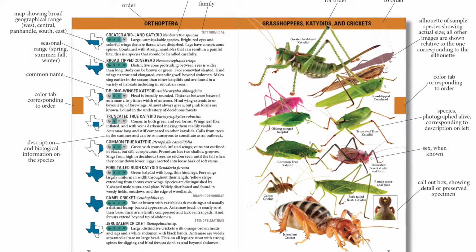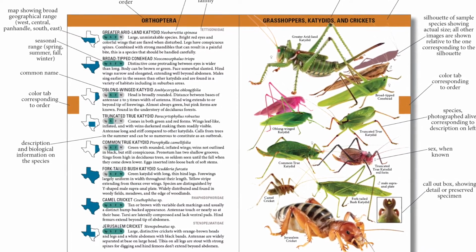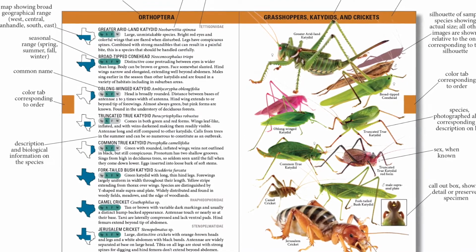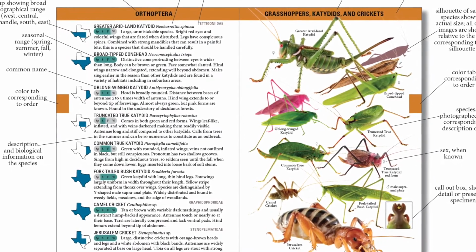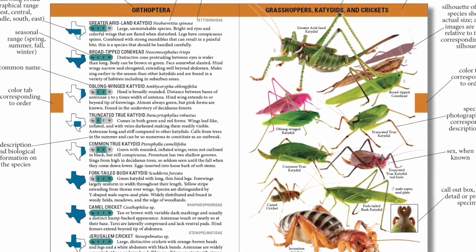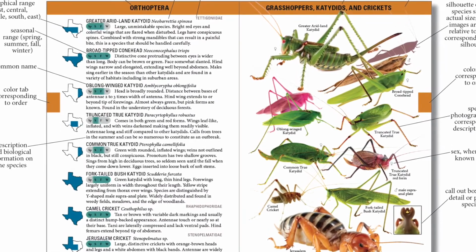So we also included a seasonal phenology. Again, not exact like early and late dates. That's changing constantly and not known for most of these species, honestly. But is it a species you would expect to see in the spring, only in the fall, all year long, that kind of thing. So a little quick seasonal histogram is present.